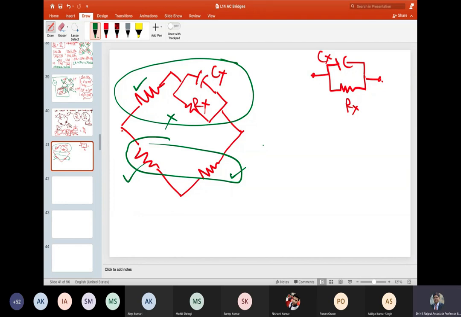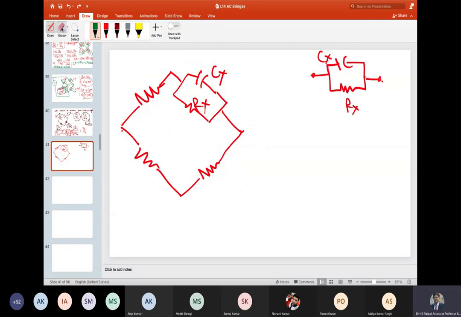Let us consider a situation when I can take something which is similar. So let me take another capacitor of known value and another resistance.